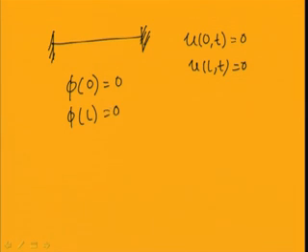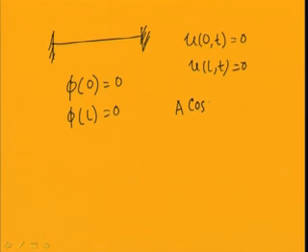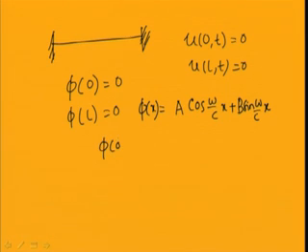So, when phi 0 equal to 0, in the expression for phi x, a cos omega by c x plus b sin omega by c x, at x equal to 0 this is equal to 0. So, phi 0 equal to a into 1 plus b into 0, which implies a equal to 0.